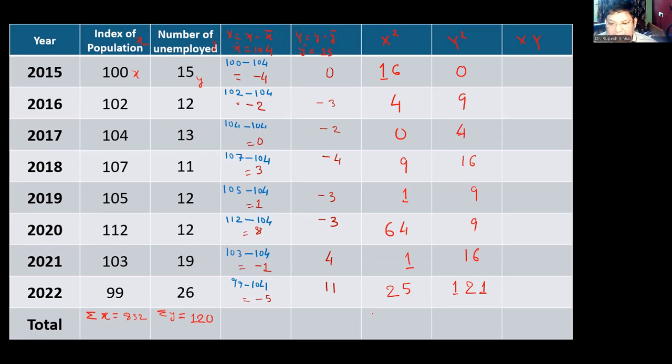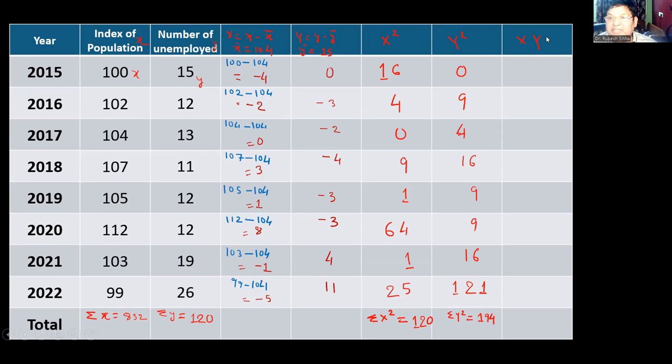So summation of x square, if we add all these values, we will get 120. And if we add all y square, summation of y square, we are going to get 194.